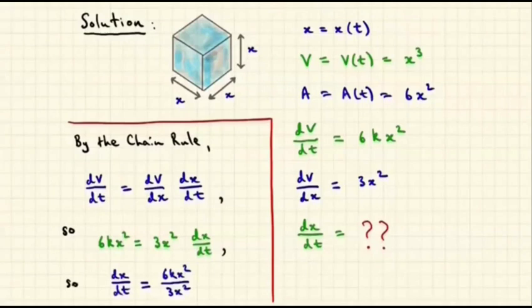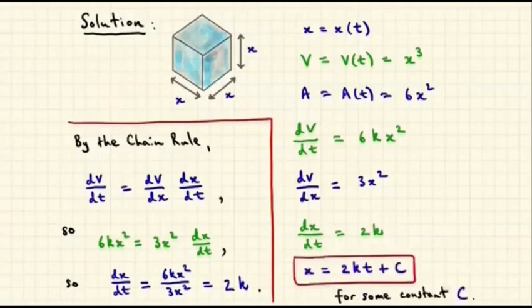Hence, dx/dt is simply 2 times the constant k, which is another constant. If the rate of change of x with respect to time t is constant, then the function x must be a linear function of t.